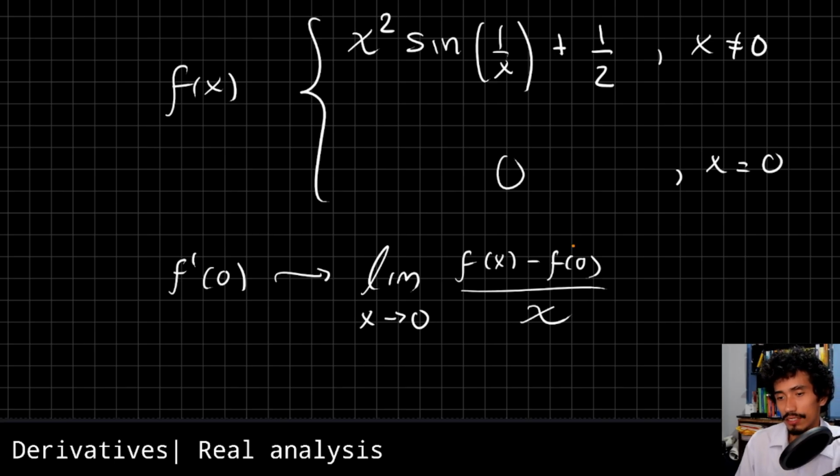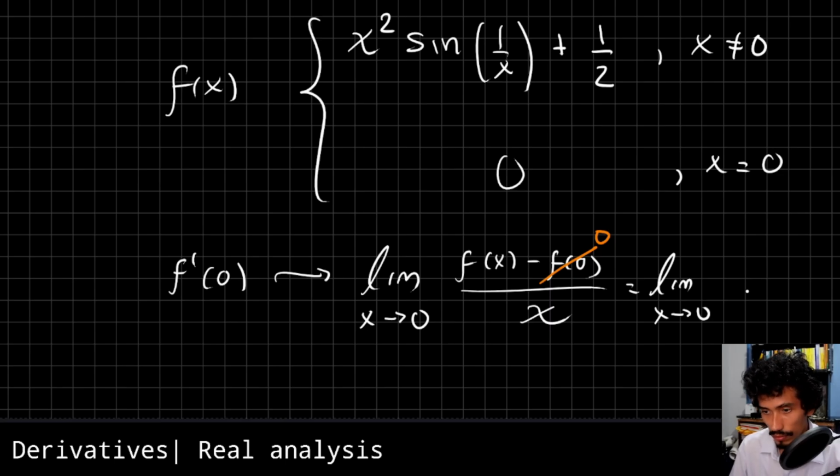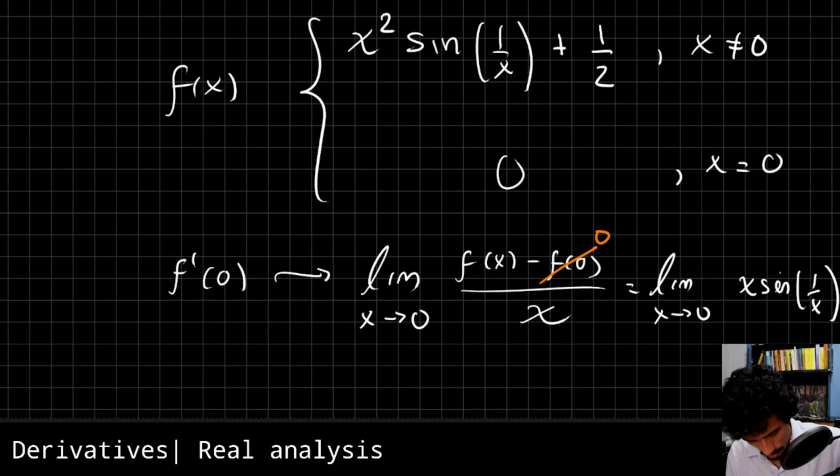But you know that at 0, f is 0, so this disappears, and this will be x sine of the inverse of x, and then we will add, oh wait, I forgot to add x here, so it didn't make any sense otherwise.